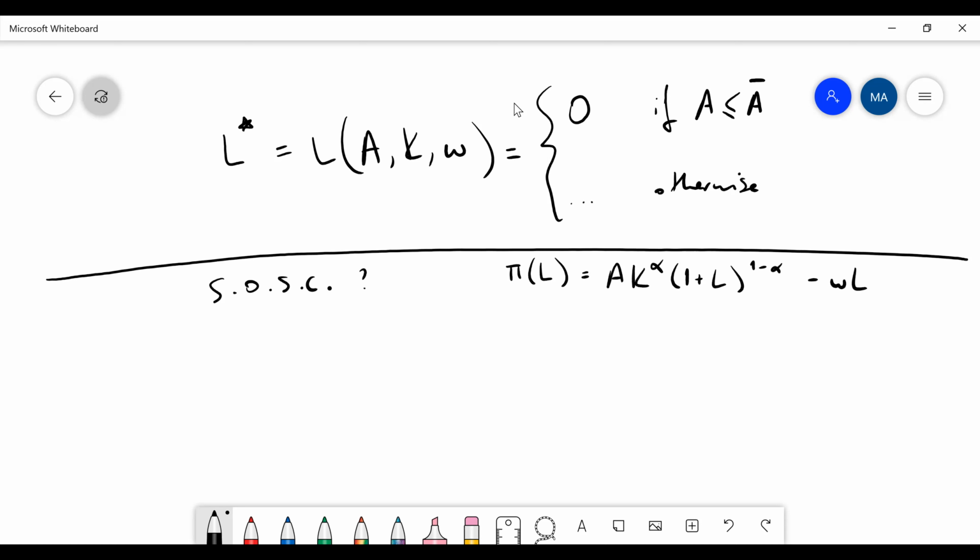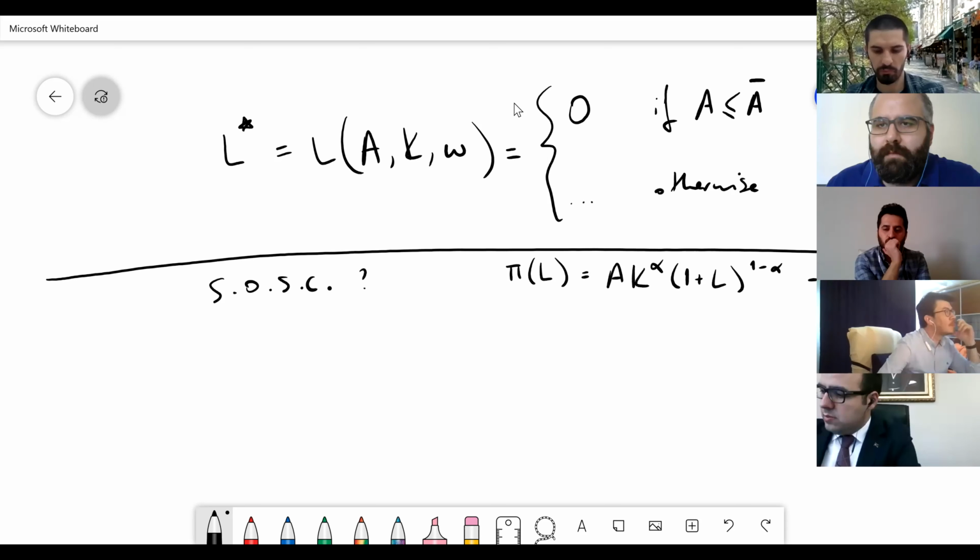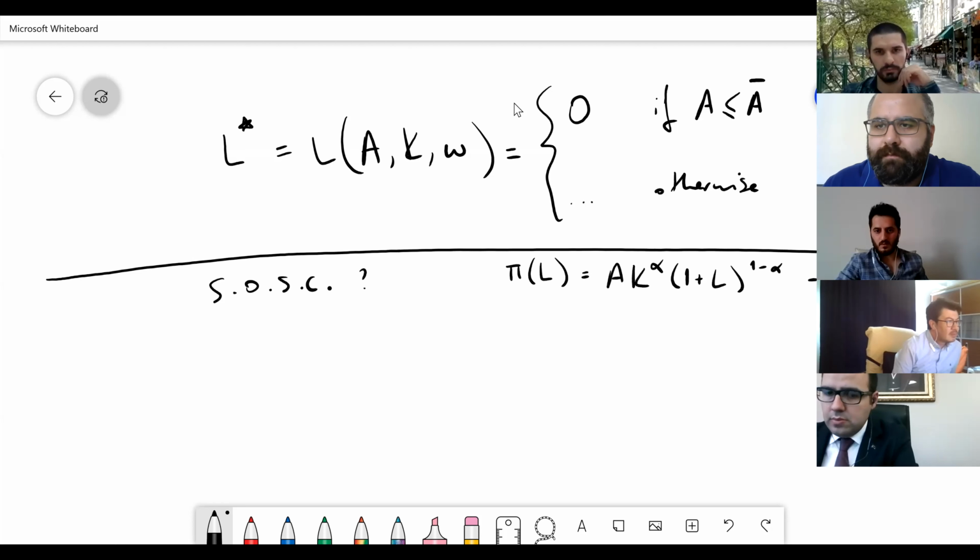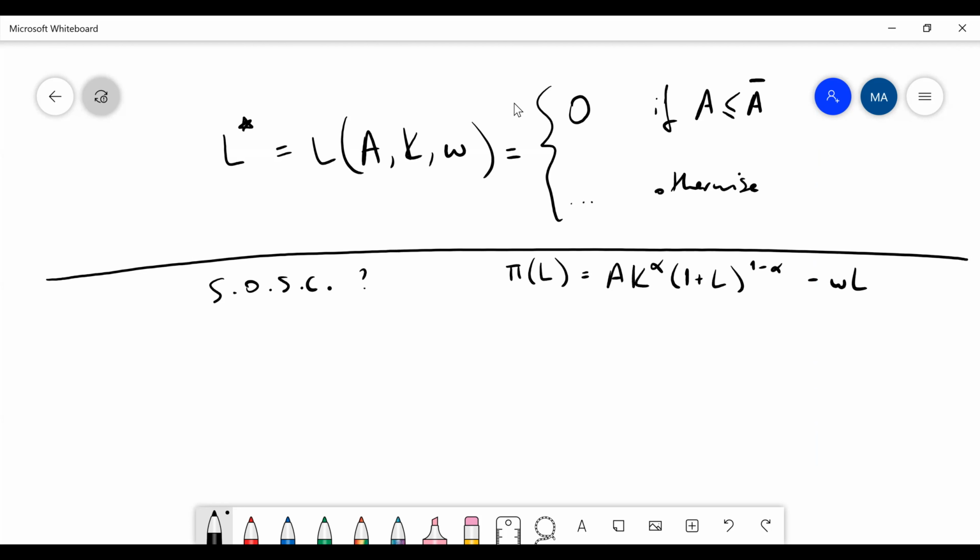I want to check whether this function is what? Concavity. Great. Because by theorem 2-2, if f is concave, then I'm good with the second order condition.